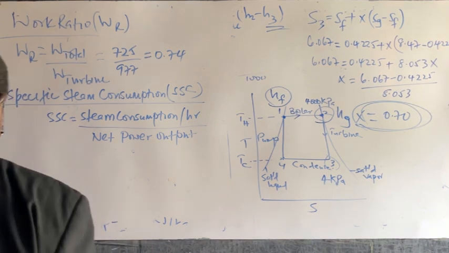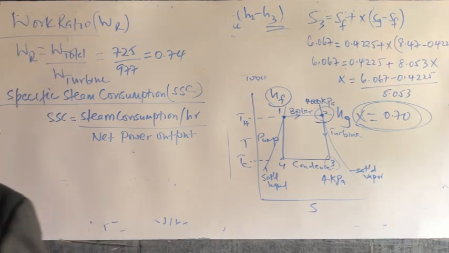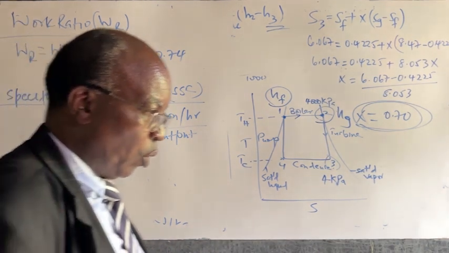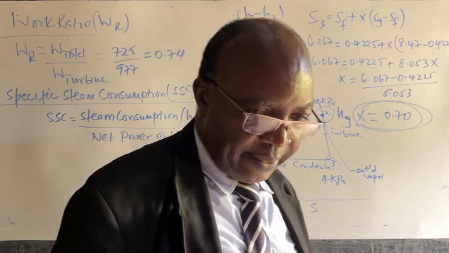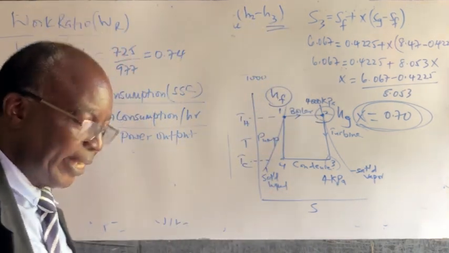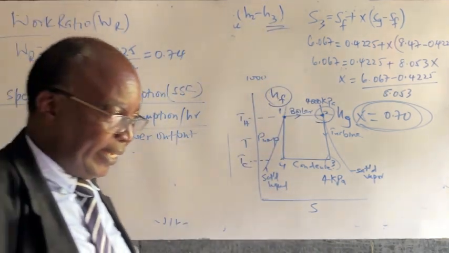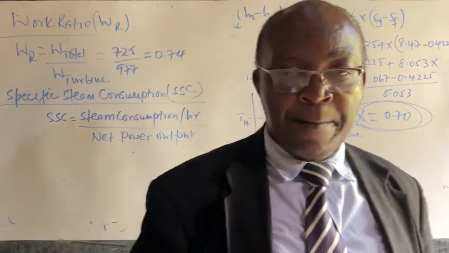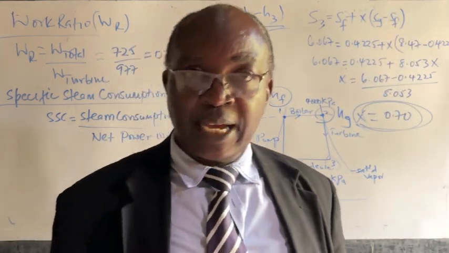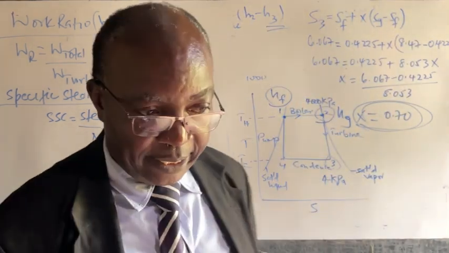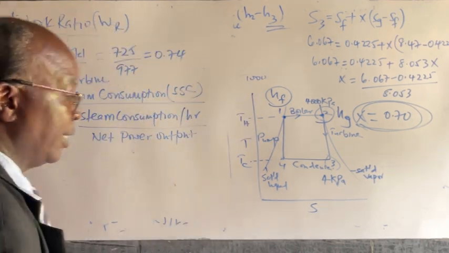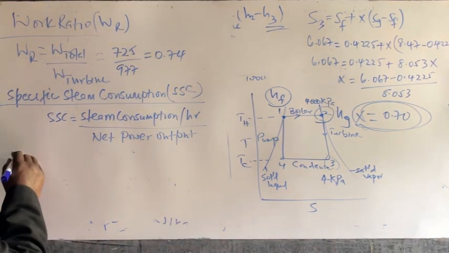Now, I want you to always remember that a kilowatt hour is an energy unit, and it is 3.6 megajoules. Let's just note that.